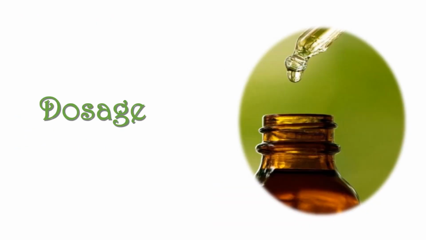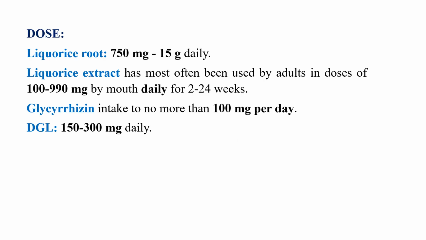So if I want to use licorice to treat any of the indications we discussed in the last slides, what is the dose I can use? If I use the licorice root, I could use from 750 milligrams up to 15 grams daily safely. Licorice extract, you could use from 100 milligrams to around 1 gram daily for up to 24 weeks.